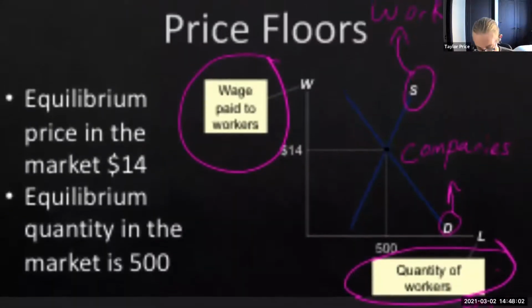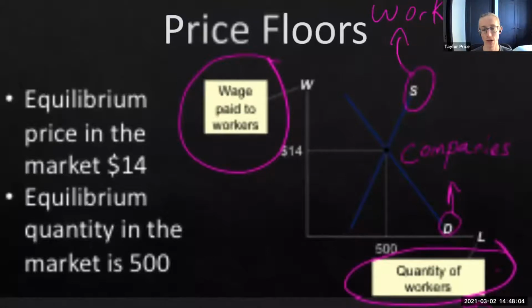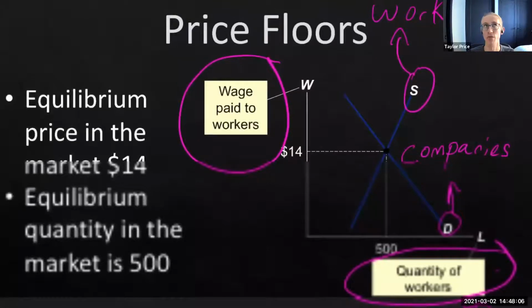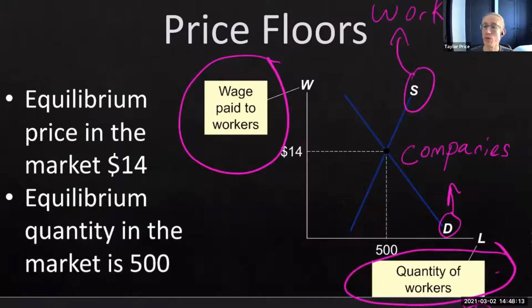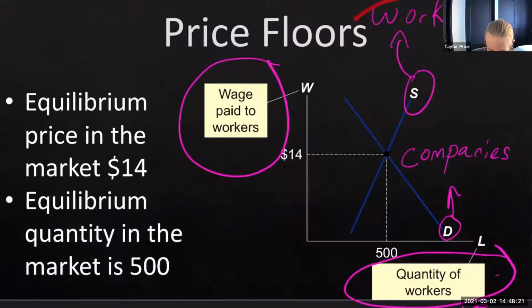Okay, so the next thing is price floors. And this example is kind of weird because when you think about the wage market, supply and demand are actually reversed. The supply here is workers.